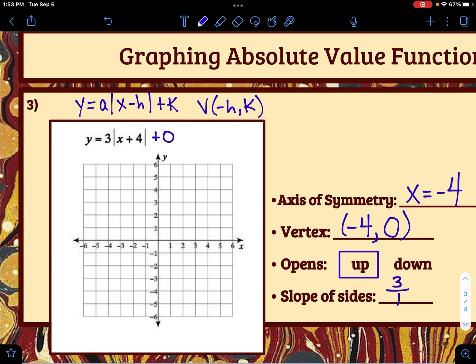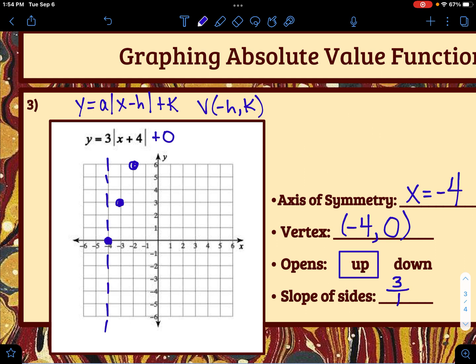So I'm going to plot my vertex starting at 0, 0. 1, 2, 3, 4 in the negative direction on the x-axis. And then I'm going to draw in the axis of symmetry just for good measure. And then I'm going to start at the vertex and I'm going to count the slope. 1, 2, 3, 1. 1, 2, 3, 1, 2, 3, 1.